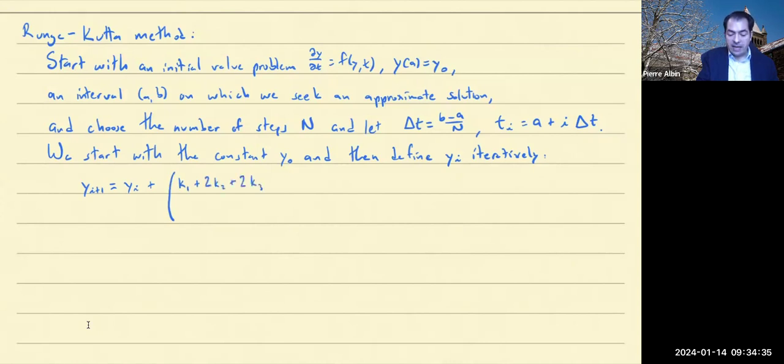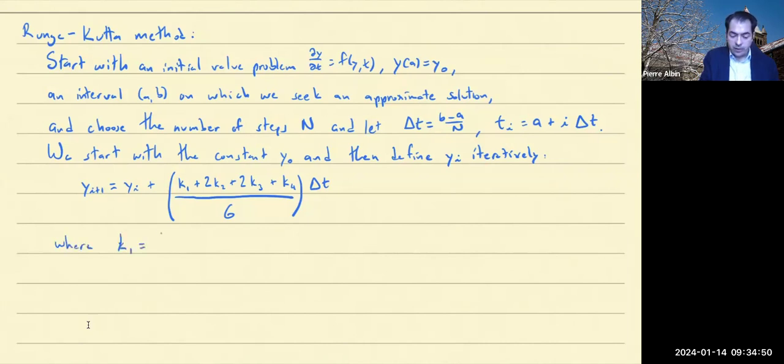Here, it's a weighted average. Okay, and the slopes we're using in this average are as follows.